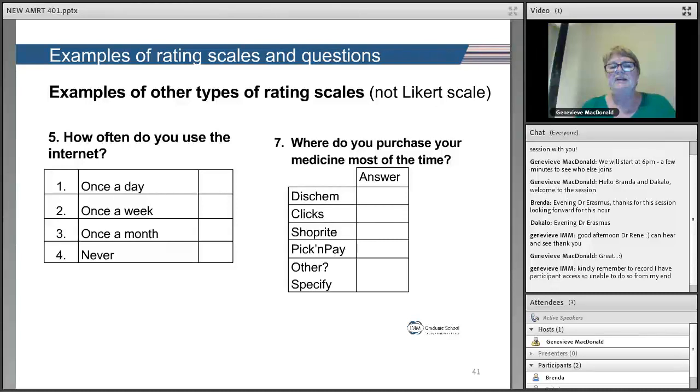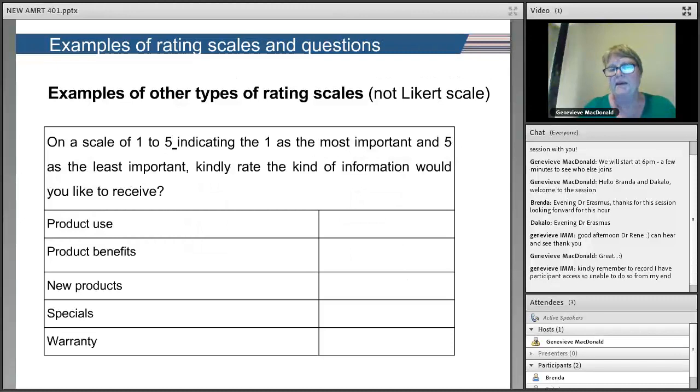Other types of rating scales that are not the Likert scale. Say for instance, how often do you use the internet? It's very interesting to see those things. Or say for instance, where do you purchase your medicine most of the time? So you can pick more than one, but at least you start seeing a trend there.